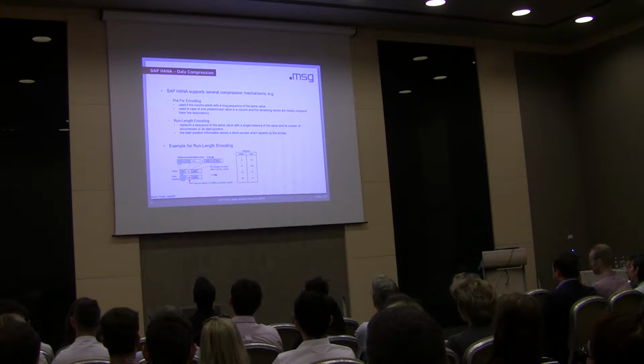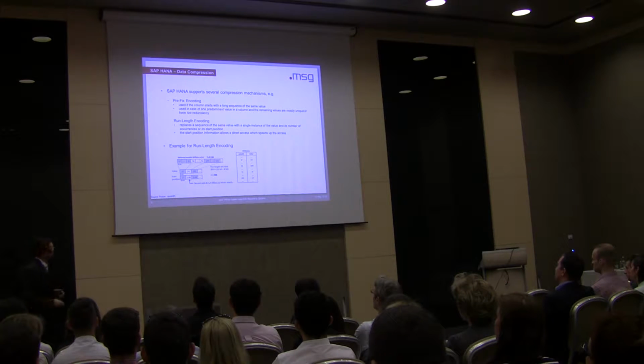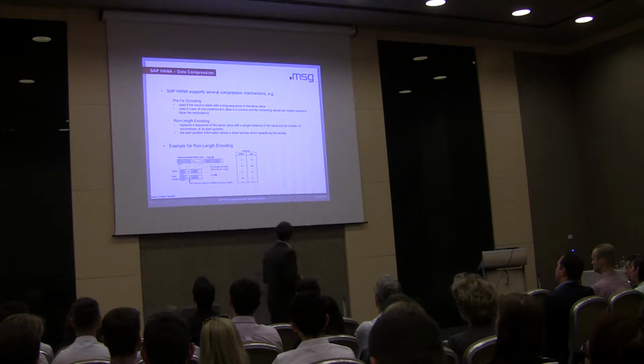And that's the next slide. That storage type also supports the data compression within SAP HANA. We have several compression algorithms. Two examples are the prefix encoding and the run length encoding.